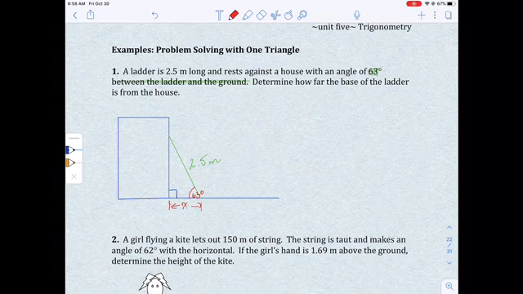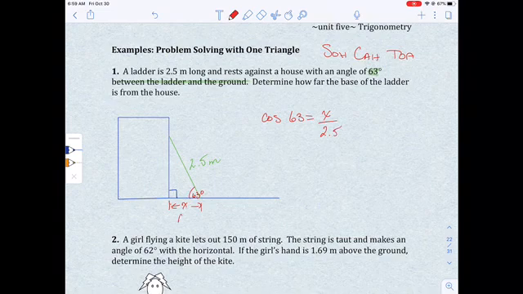Once we get the diagram set up, the rest is fairly straightforward. We're still using our SOHCAHTOA rules. In this case, we're looking for a side length, so I know I'm going to have to cross multiply. The cosine of 63 is the adjacent over the hypotenuse. This is our adjacent and this is our hypotenuse, and this would be our opposite that we don't need to concern ourselves with right now.